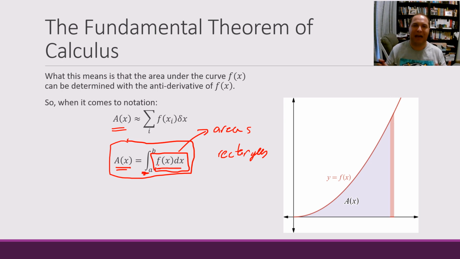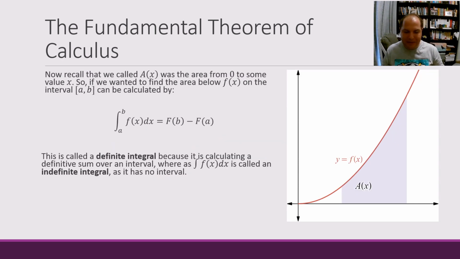We're adding up all of these rectangles in a continuous manner between a and b to determine our area under the curve. That's one way you can think about it, where S is our continuous sum between a and b. With f of x dx, we're finding a bunch of rectangles and adding them all up to find our area.